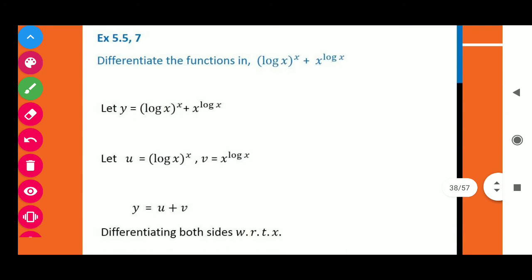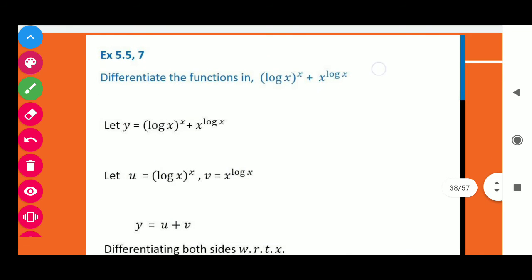This is a very important question because this type of question comes in the board exam for 4 marks. Okay, so students, let's start. This is a 4-mark question. Here we have to differentiate log x raised to power x plus x raised to power log x.